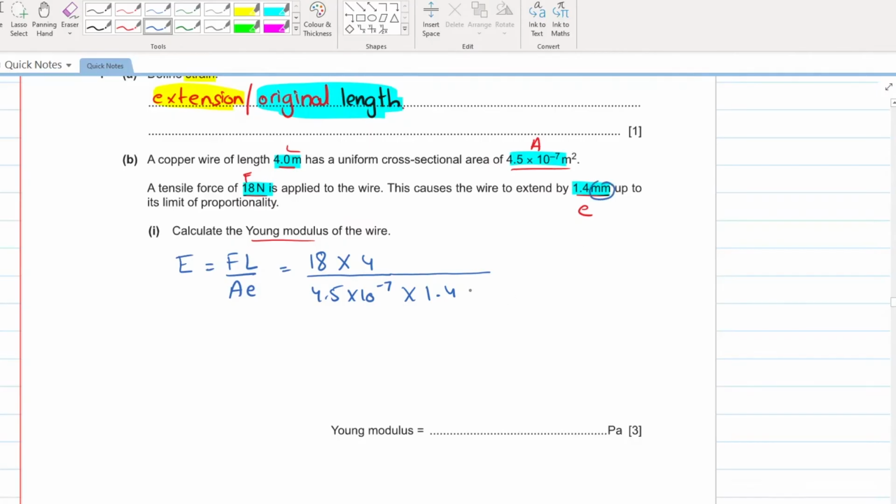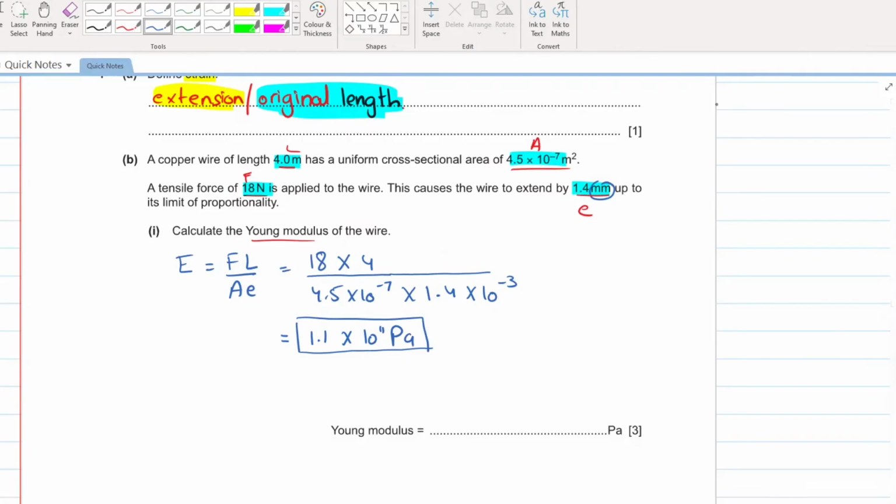So you will have to convert it into meters by multiplying with 10 raised to the power of minus 3. What does your Young's modulus come out to be? 1.1 into 10 raised to the power of 11 pascals is your Young's modulus. All clear?